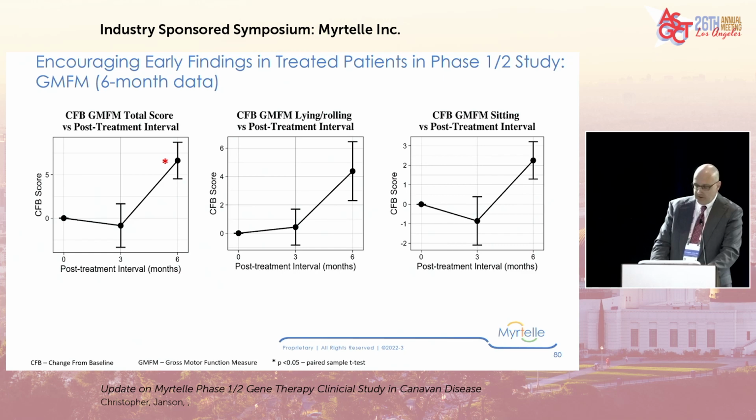Then when the data are aggregated at left, the total change from baseline raw scores were statistically significant. This result is consistent with clinical observations of improved head and truncal control, which we believe are clinically meaningful. And we expect that these data will coalesce at the 12 and 24-month time points as we collect longer-term data on patients who were treated at a younger age.